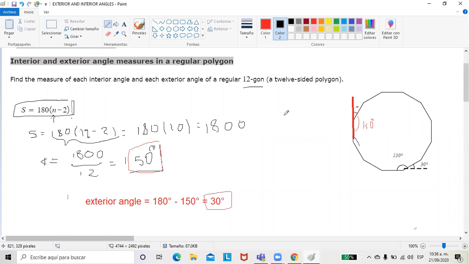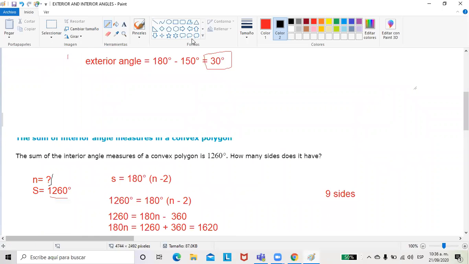When they are not regular, it means that they don't have the same measure of the angles, or even of the sides. For example, this is a polygon, right?